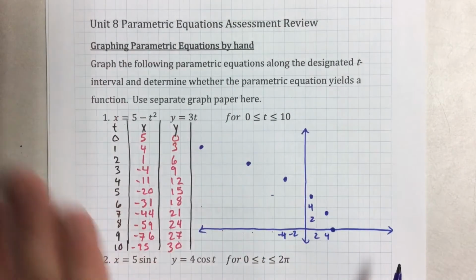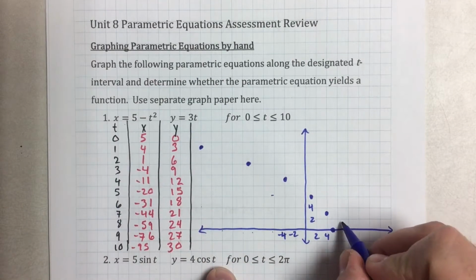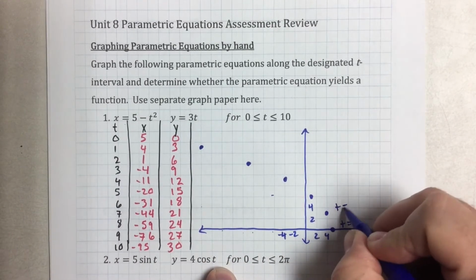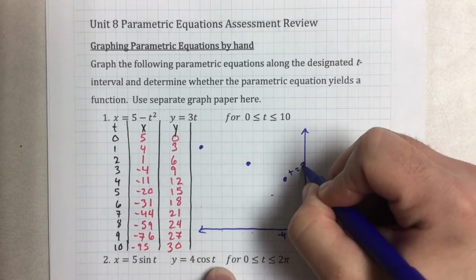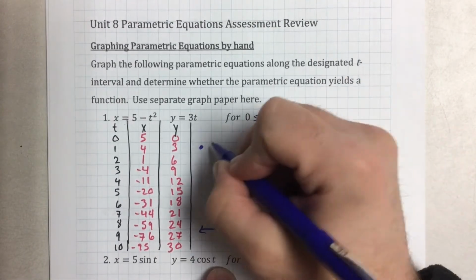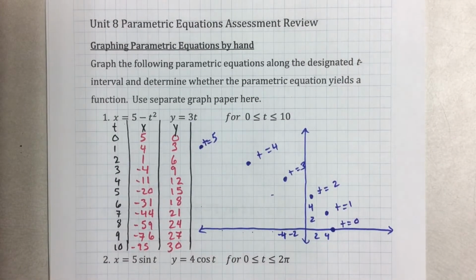So when we plot these parametric equations, remember with each point we have to place the t value beside it. So we have t equals 0, t equals 1, t equals 2, t equals 3, t equals 4, t equals 5. All right, and we connect.